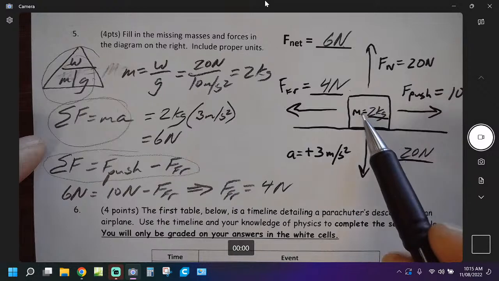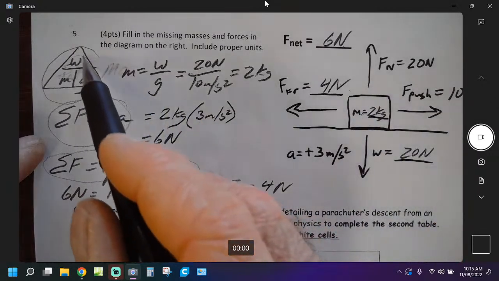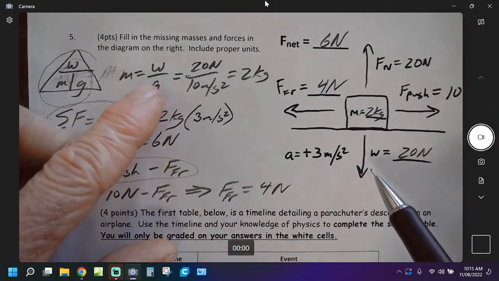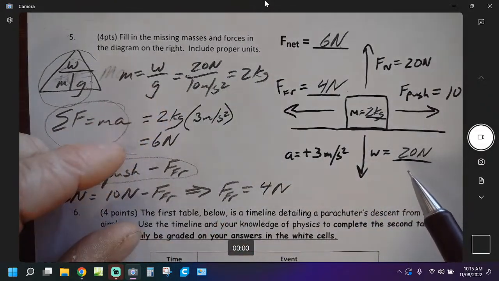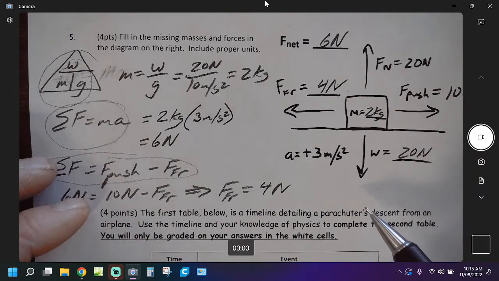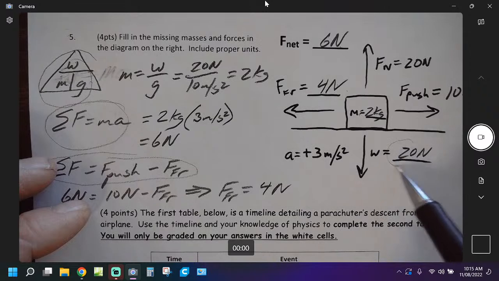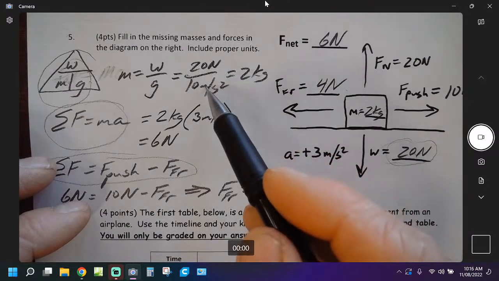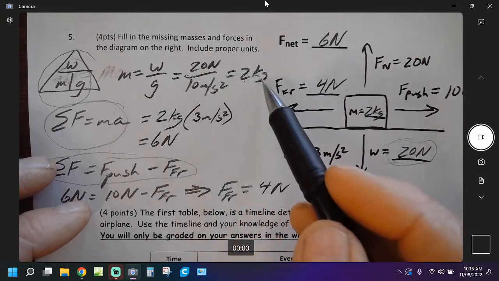So I could find the mass using this triangle. The mass is the weight divided by g. Let me just go ahead with what I was just saying, but I'll explain how I got this in just a second. Here's the weight, 20 newtons, and g is 10, so 20 over 10 is 2.